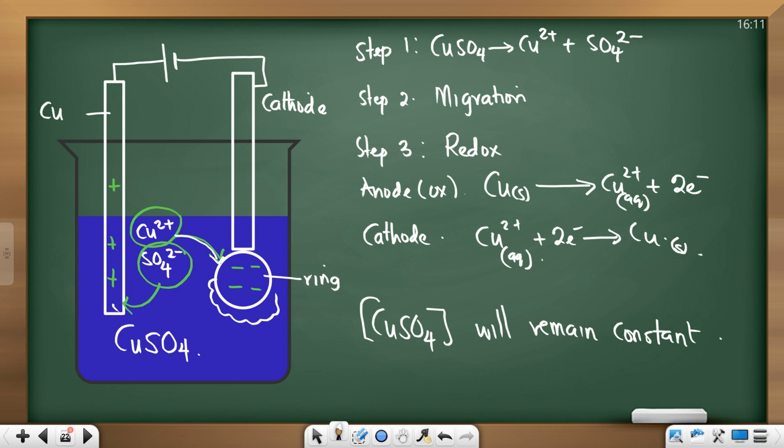But this one here is going back into the solution as Cu2 plus. So whatever is lost is gained. But this one goes back into the solution to replace what is lost. Hence, this one will decrease in size, while this one will increase. I hope you're good now.